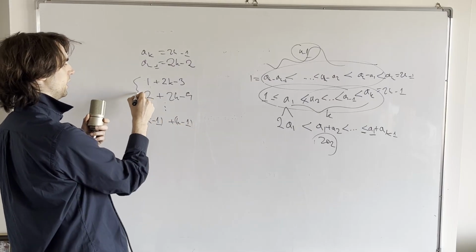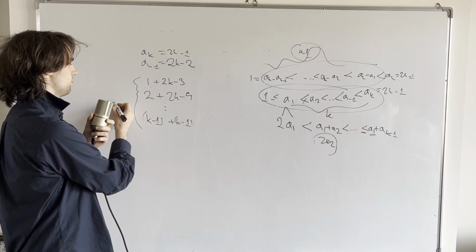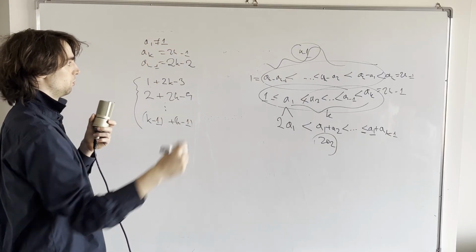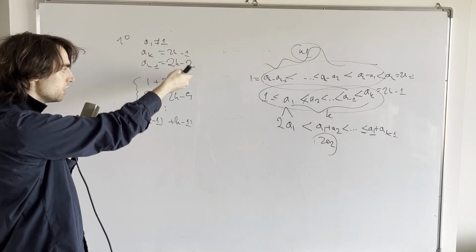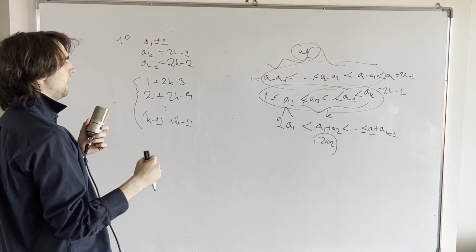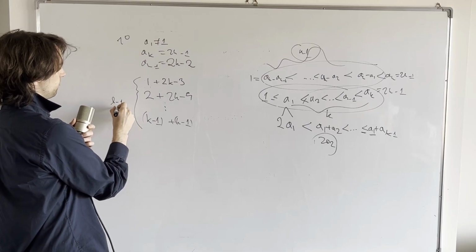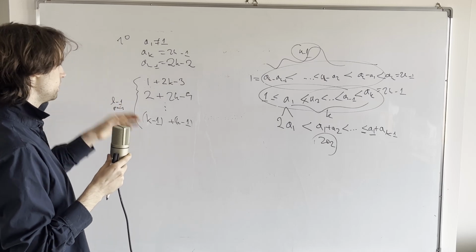Okay, so here we have how many pairs? And we are assuming also A1 isn't going to equal 1 in this case, right? First case, A1 is not 1. We have this, and then from here we have k minus 1 pairs, and every number is going to be in one of these pairs.